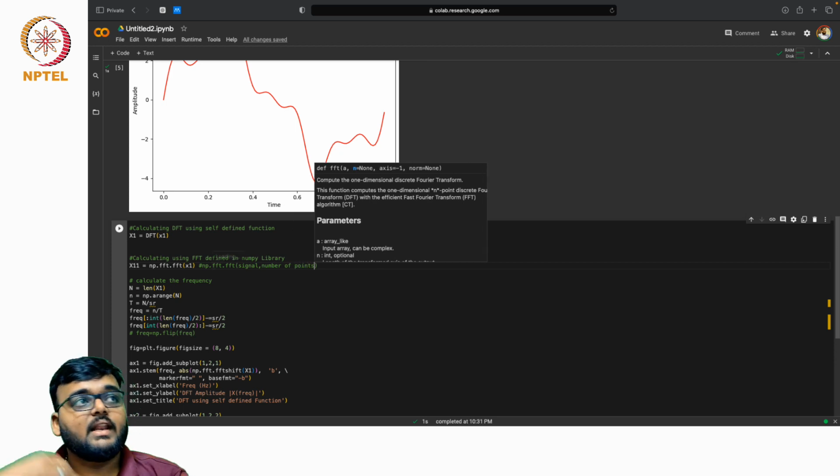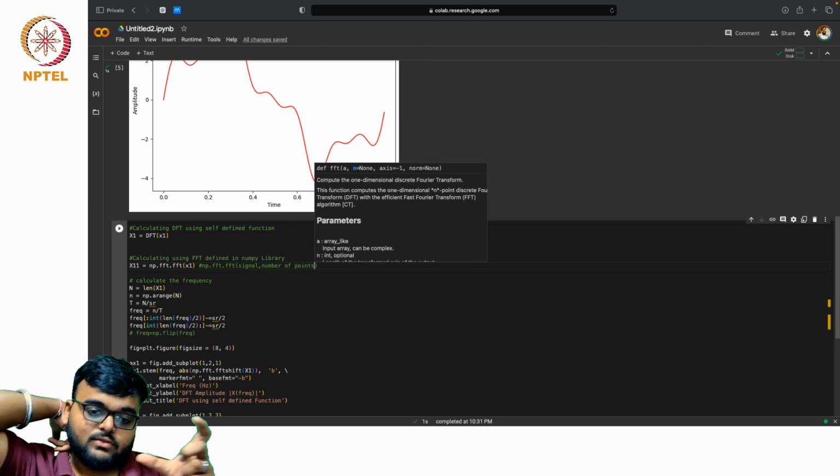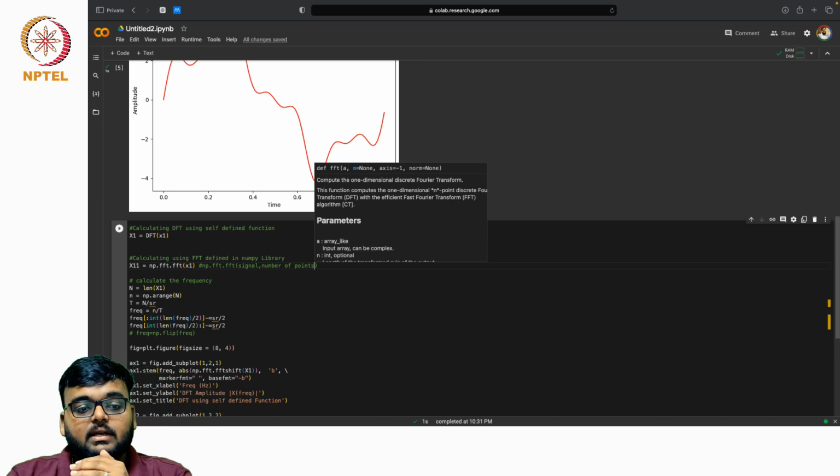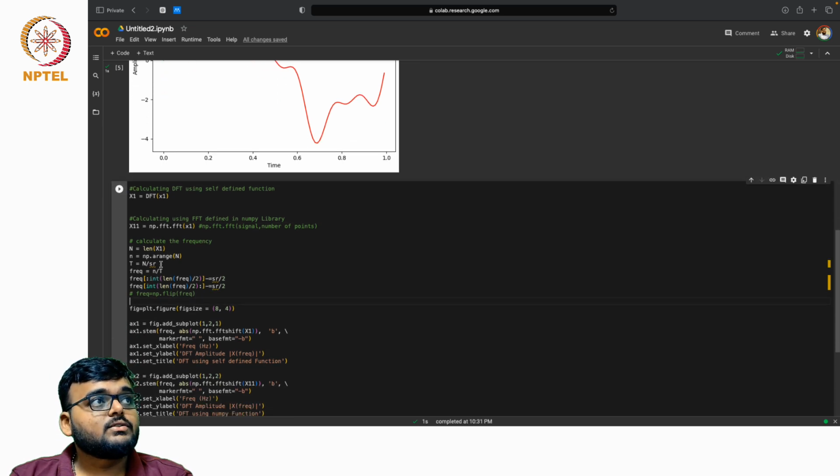Say you have a very large signal, but you have to calculate the FFT of only the first 100 samples. So you will give the number of points there, and it will calculate the FFT for the first 100 samples. We will also see that in upcoming examples. So here we will change this to Fs.